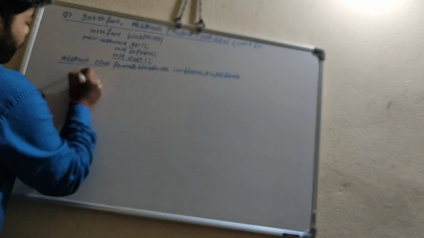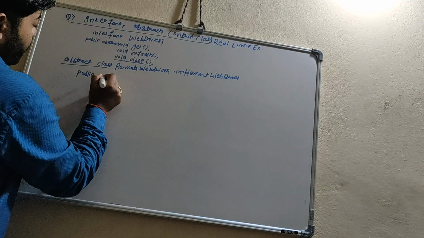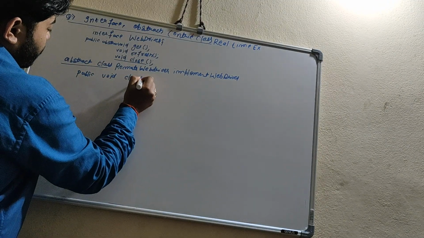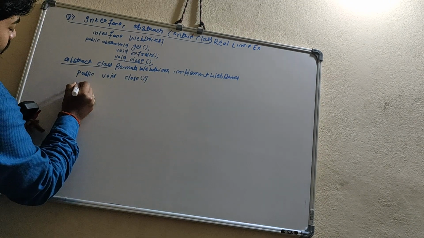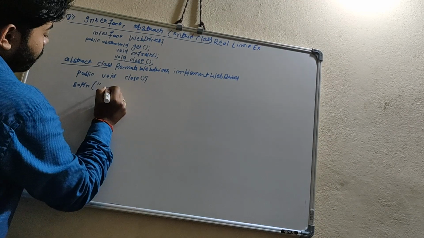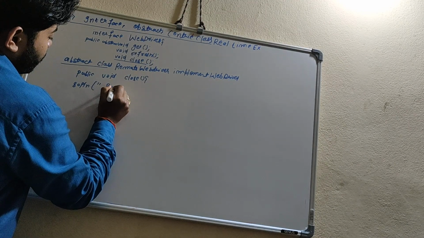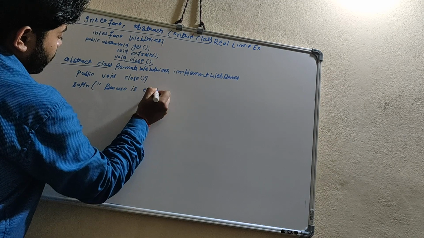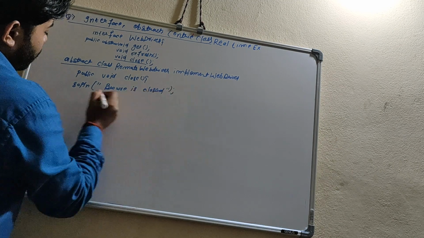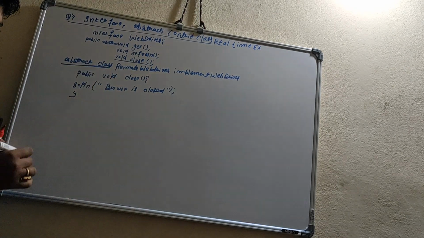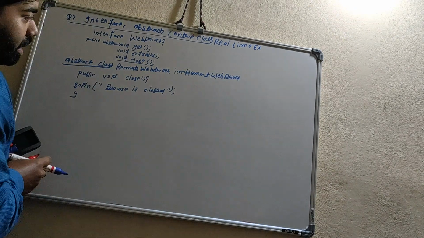So here public void close. Here I will provide the message: browser is closed. So what is the use of abstract class if you have a common implementation?